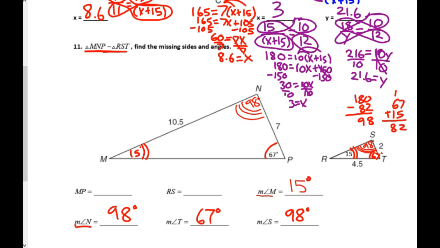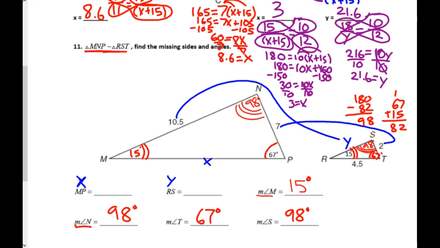So for MP, I'll call it X. And then for RS, I'll call it Y. So between MP, I'll put an X. Between RS, I'll put a Y. Let's make some connections here. 10.5 corresponds with Y. 7 corresponds with 2.